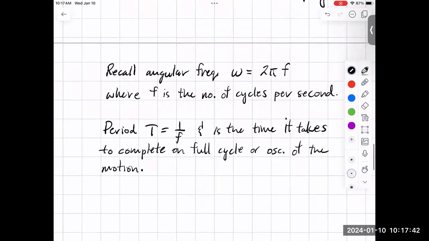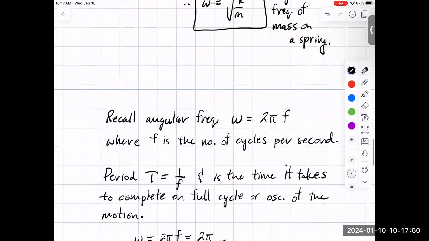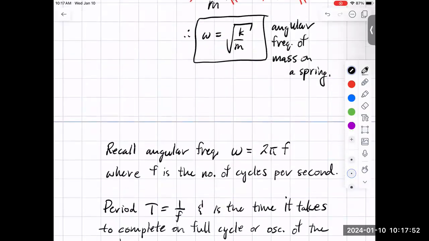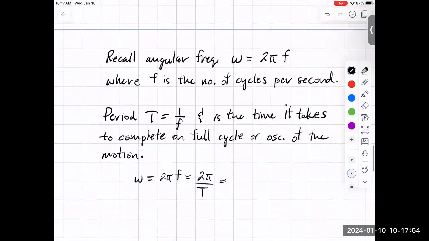Okay, so that means omega is 2 pi f, which is 2 pi divided by the period. And for our mass on a spring, we said that has to be the square root of k divided by m. And so if we wanted to, we could solve for the period.